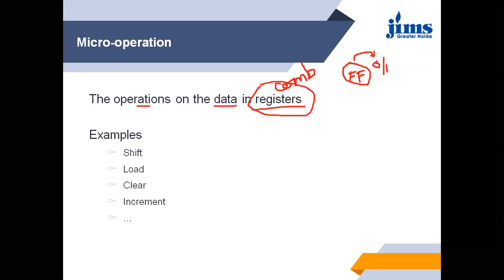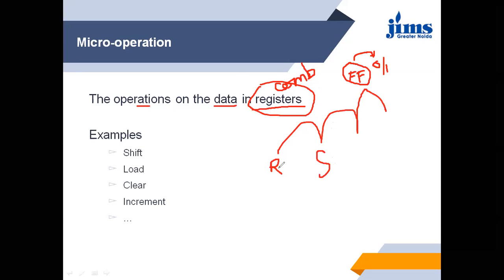For example, this is a shift operation, meaning how we can shift the data from one register to another register. Suppose this is register R, this is register S, and this is a different register.